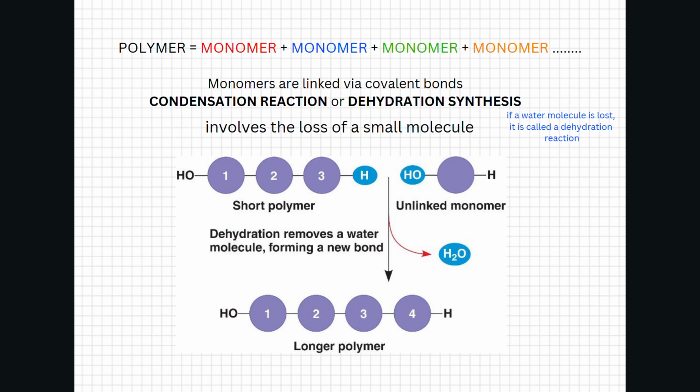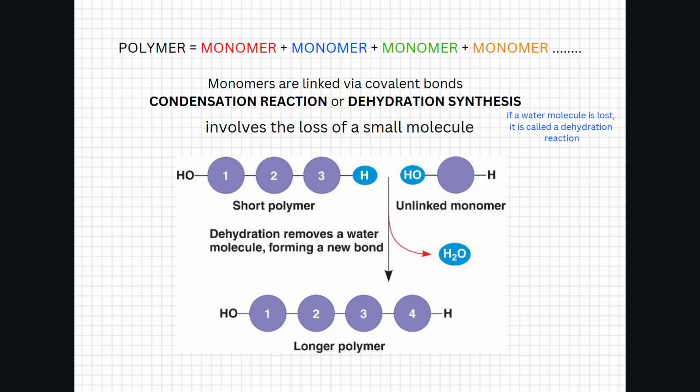So with respect to building a polymer, we've already discussed that it's comprised of a monomer plus a monomer plus a monomer, and so on. And that monomers are linked via covalent bonds. This is only possible through either a condensation reaction or dehydration synthesis. A lot of people use the words interchangeably, but that's not necessarily the case.